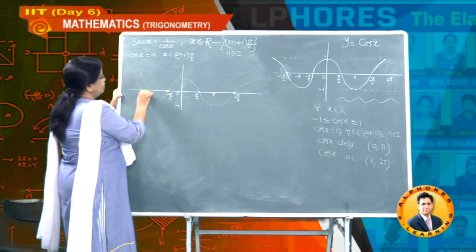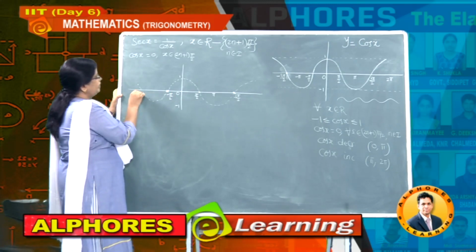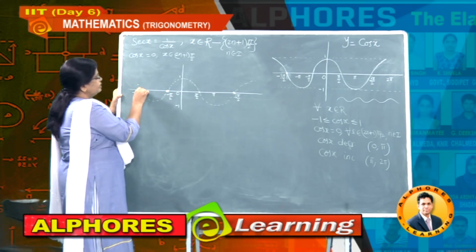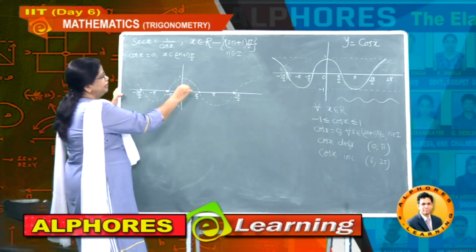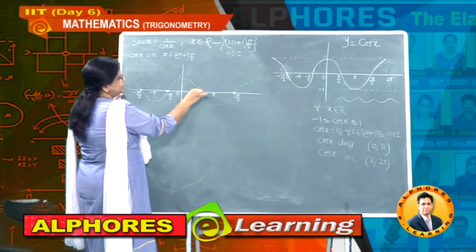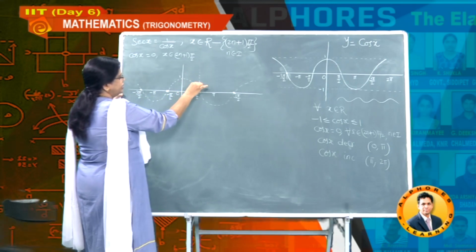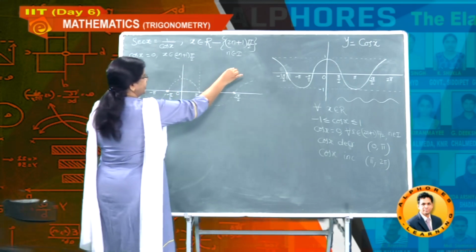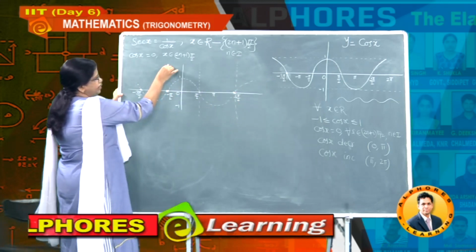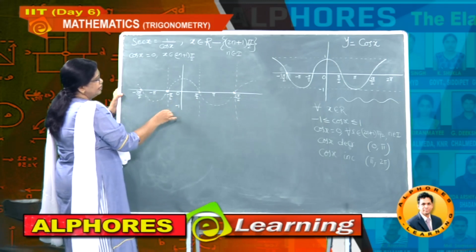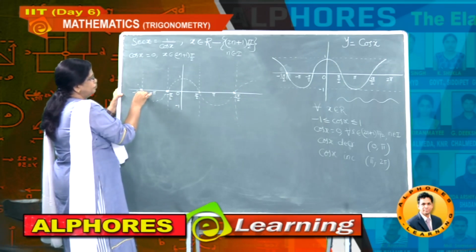And again here also this is minus 3 pi by 2. So students, these are the values which we can observe. Now wherever cos is 0, take vertical lines, that is, parallel to the y axis. In the previous graph also we have taken the same, but there those were at integral multiples of pi.